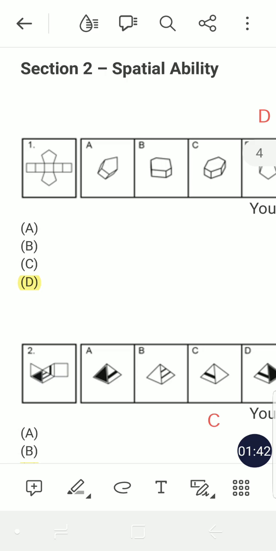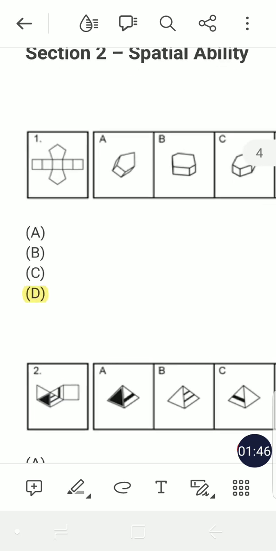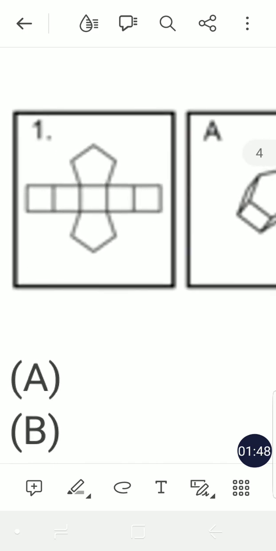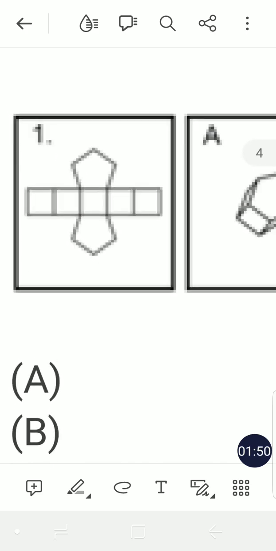Starting right away with number 1, I'm gonna zoom in the question. So this is a pentagon with a square bottom.